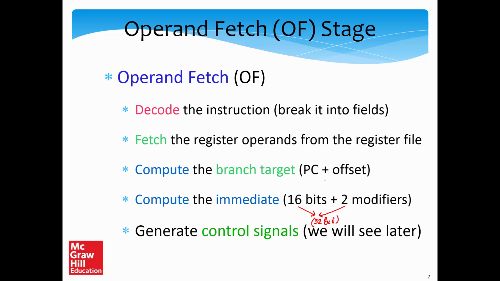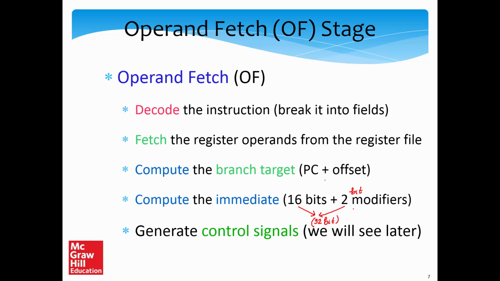So we need to compute the immediate, which is 16 bits plus a 2-bit modifier. I shouldn't call it 2 modifiers, I should call it a 2-bit modifier. That's slightly better. So we also have 2 modifiers, so that is also not wrong.